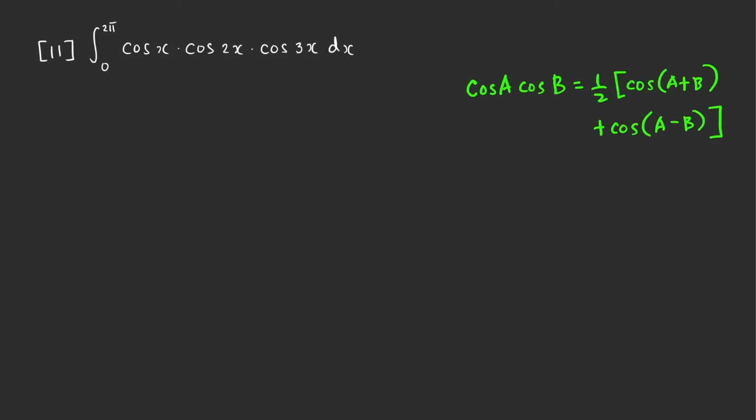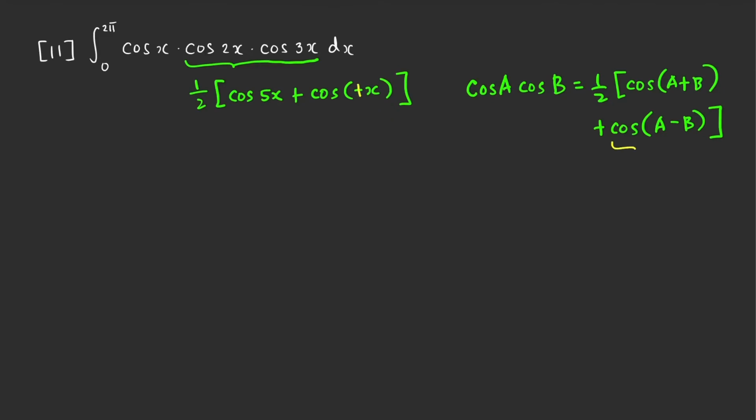So using this identity, we can write this product here as 1/2 of cosine of the sum, so 2x plus 3x, so that is equal to 5x, and then plus cosine of the difference, so that is equal to 2x minus 3x, that is negative x. But since cosine is an even function, we can make this negative as positive.